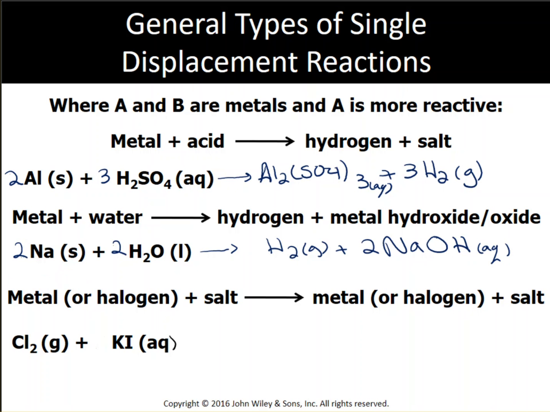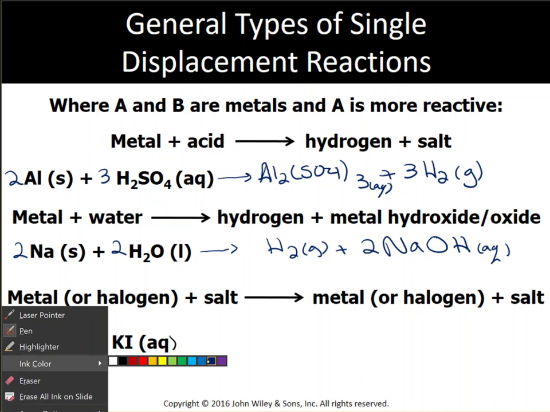So when a metal or a halogen reacts with a salt, you would expect to get salt plus either the metal or a halogen. We already did a few examples of metal and salt. This is an example of a halogen and salt.